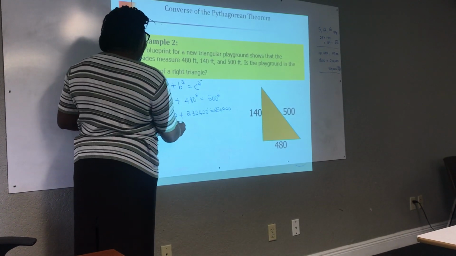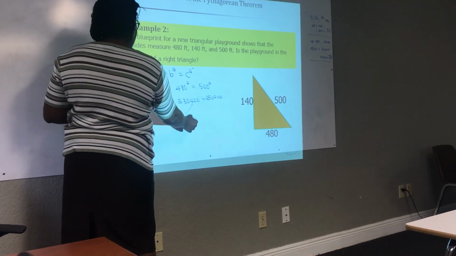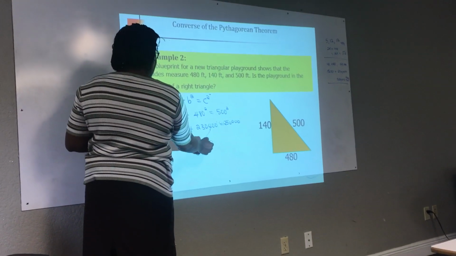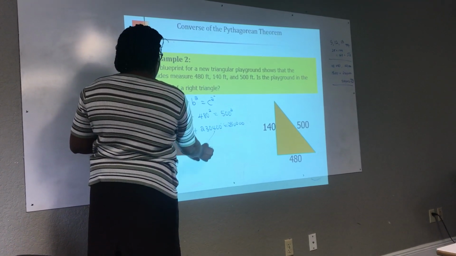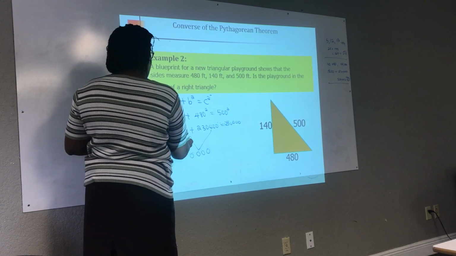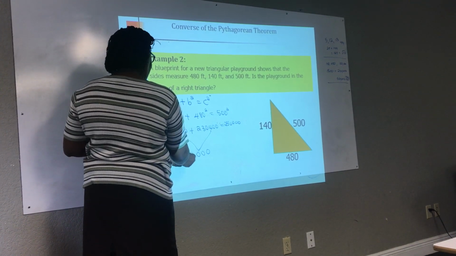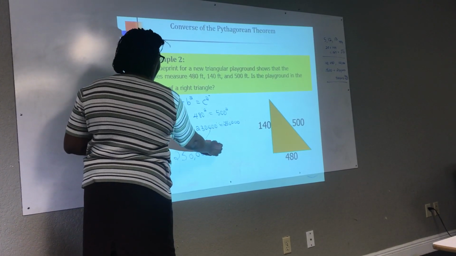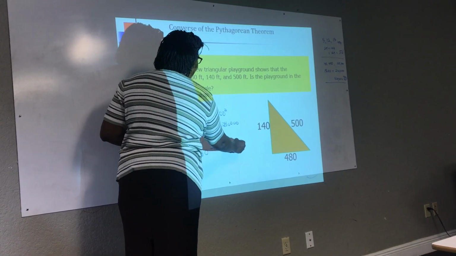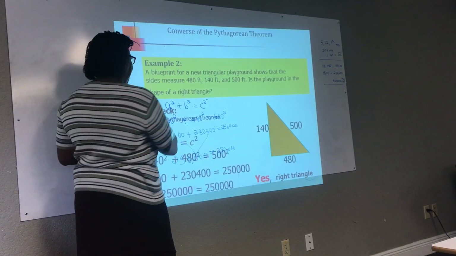Let's add these two together, and we get 250,000 is equal to 250,000. Therefore, this is also a right triangle.